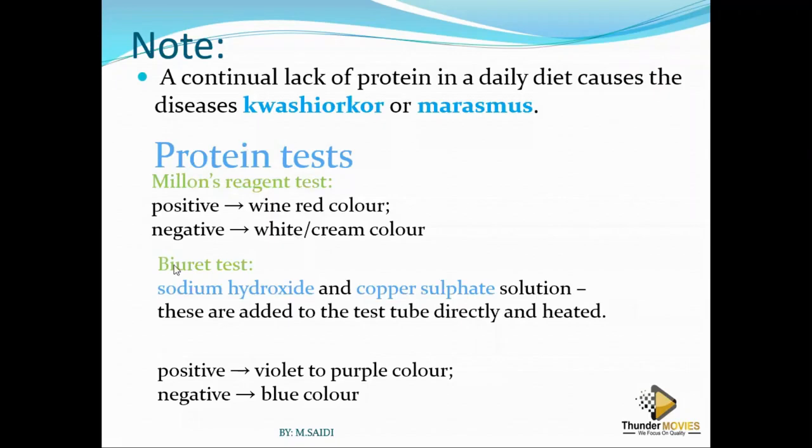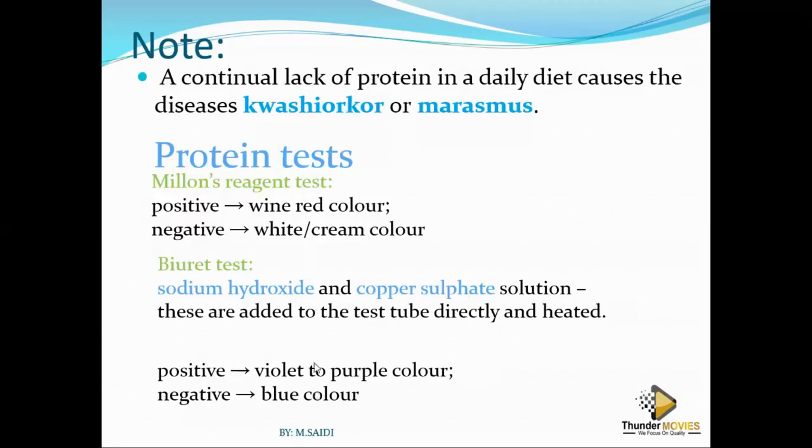Then the Biuret test. Biuret reagent is made up of sodium hydroxide and copper(II) sulfate. When you add it to a sample containing protein, it's going to look violet to purple. If it's negative, it's going to remain blue.